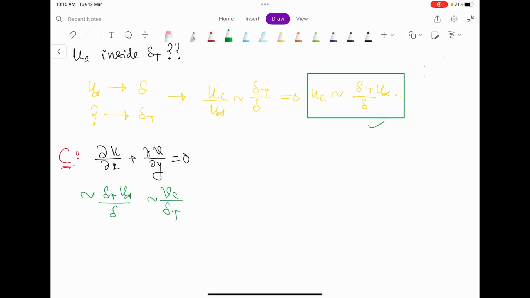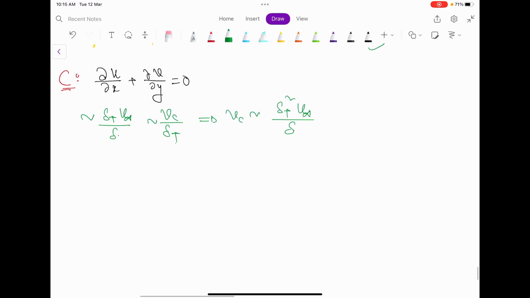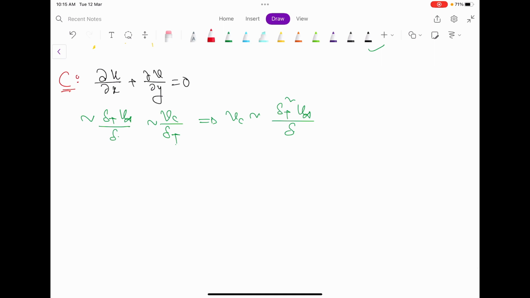Why delta t? Because we are concerned inside the thermal boundary layer. So that means Vc is of the order of delta t square u infinity by delta.